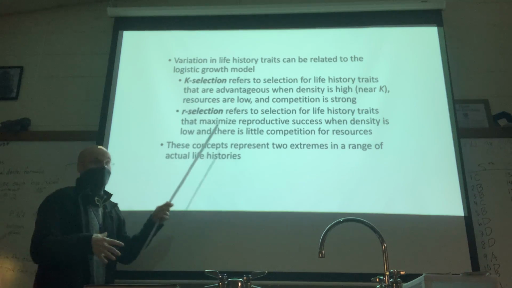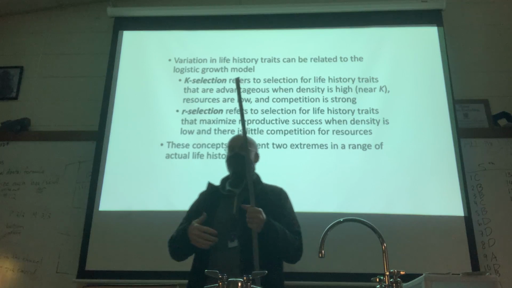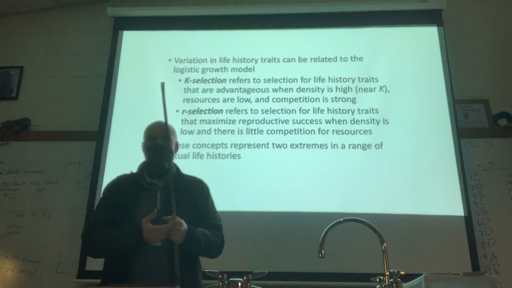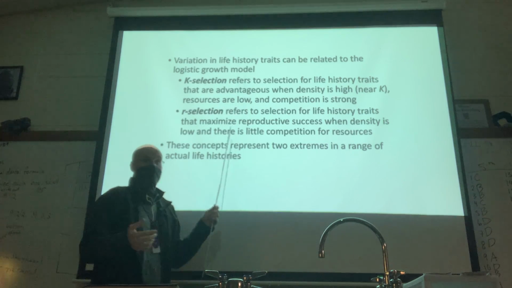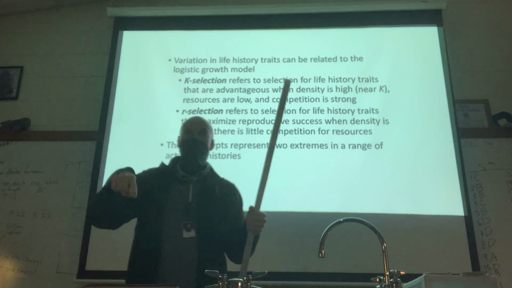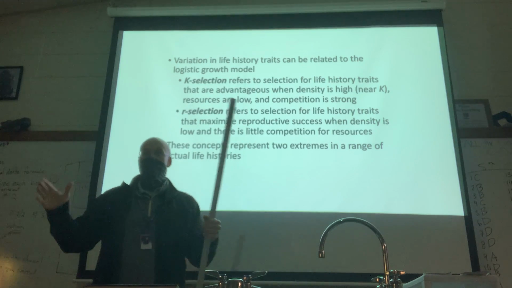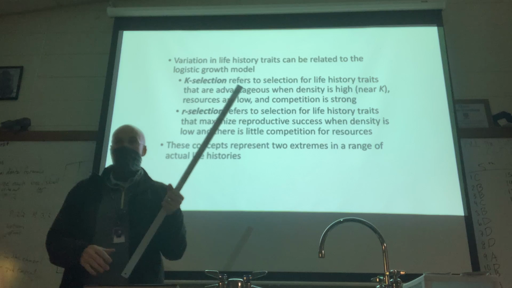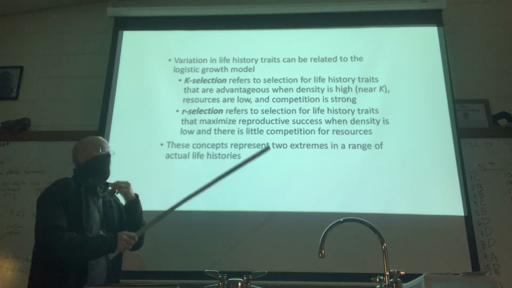R-selective strategies are like the dandelion or bacteria or insects that lay a clutch of hundreds of eggs at a time. R-selective is going to be kind of low investment per child with many, many children, maybe many, many reproductive events. Say again? We're K-selective.